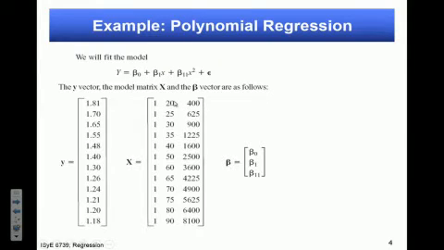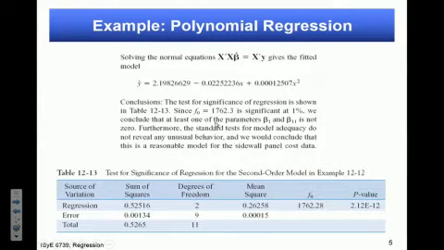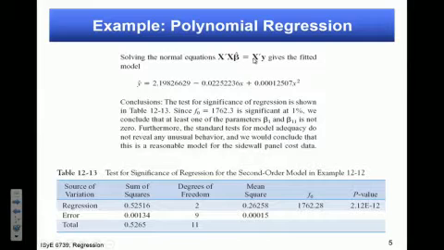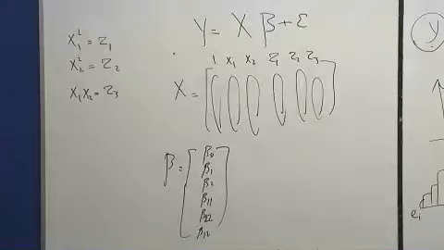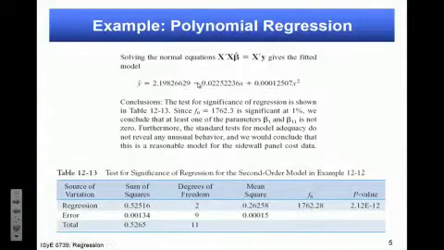And this is beta. So what we do is use x transpose x inverse x transpose y to get the coefficients. And these are the coefficients that we have.